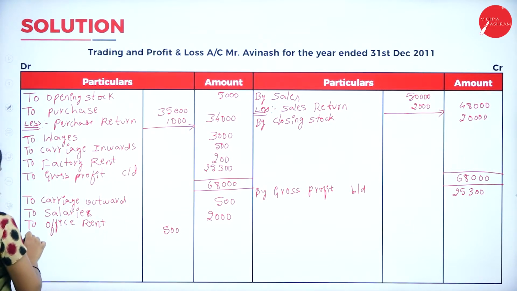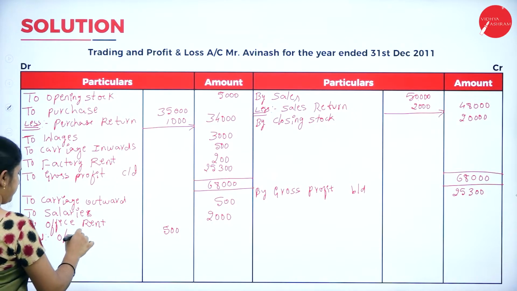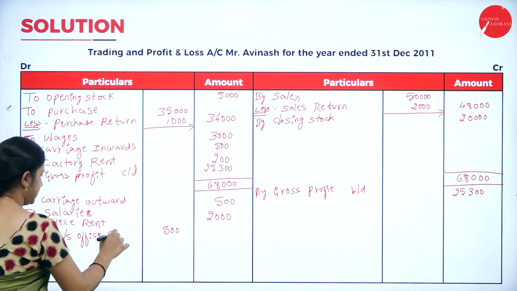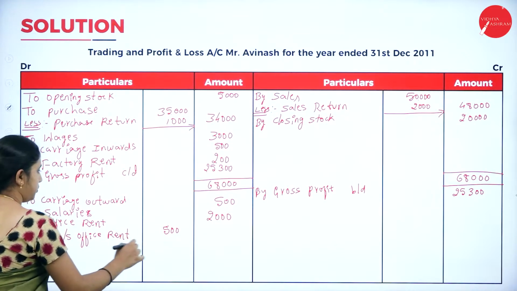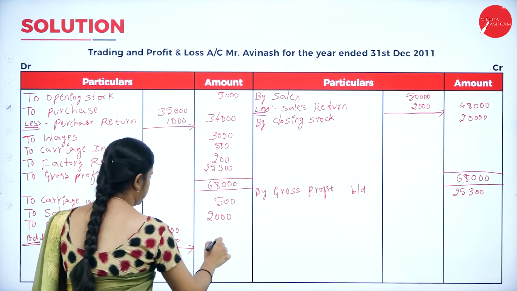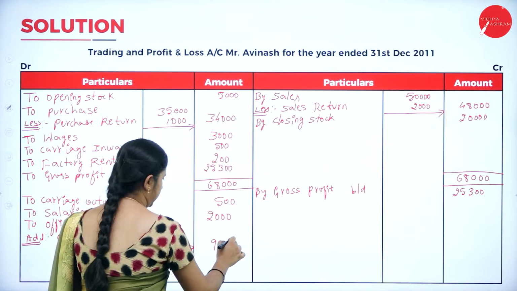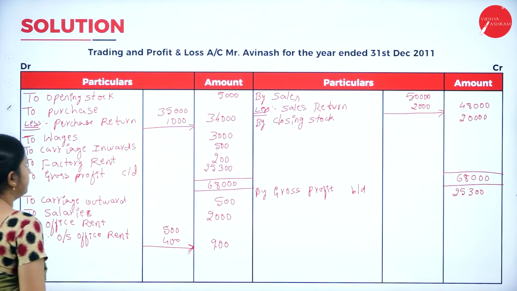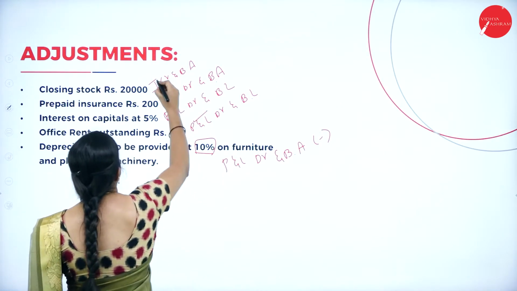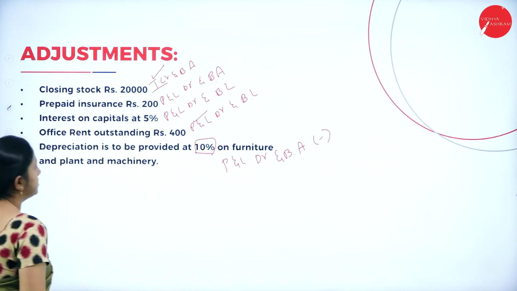And we have outstanding. So add outstanding office rent rupees 400. So add both, 900 in the outer column.